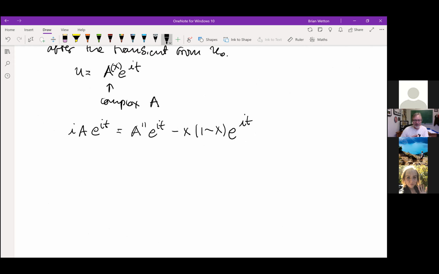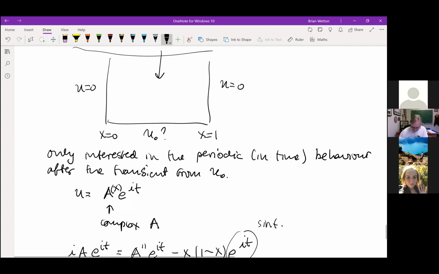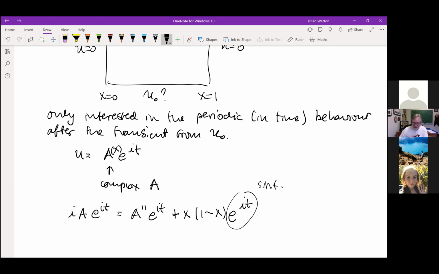I'm doing this a little bit differently than in the prepared notes, because here we were looking at sine t. So we could write this as, you know, i e to the it with a minus sign and say plus, and say we want the real part.